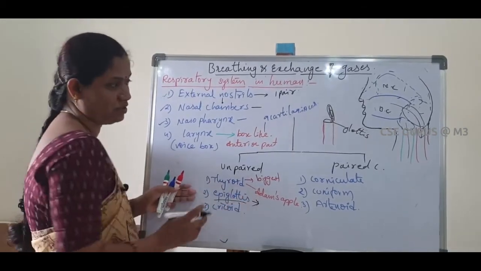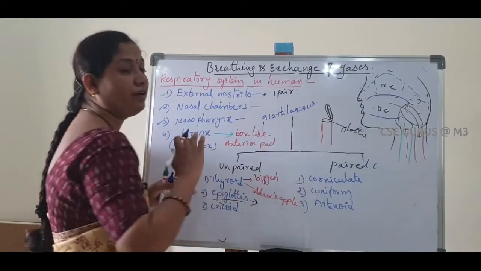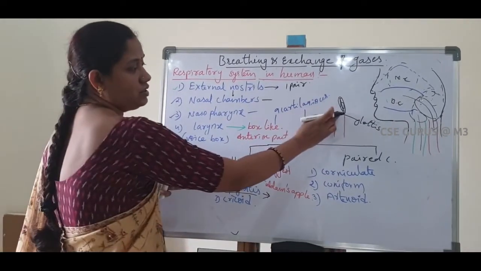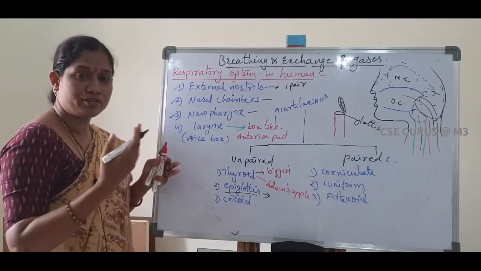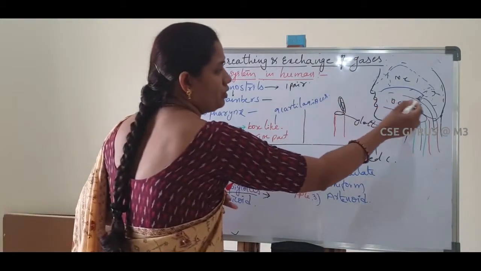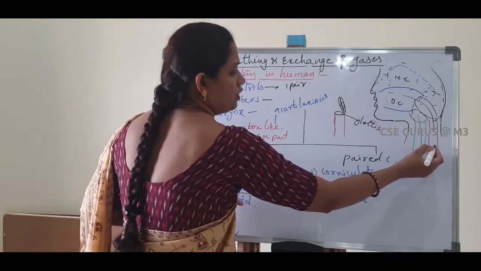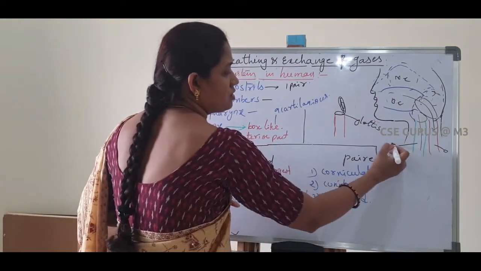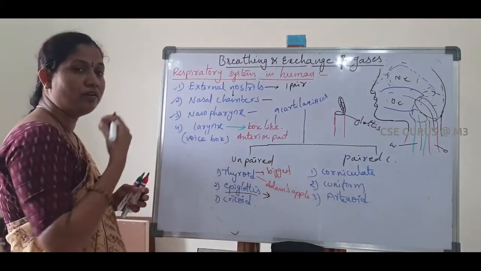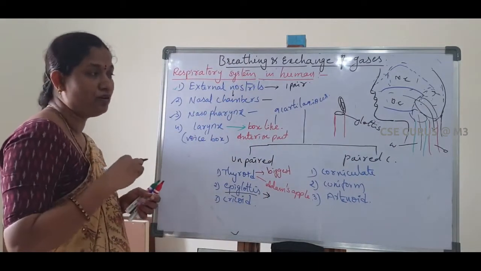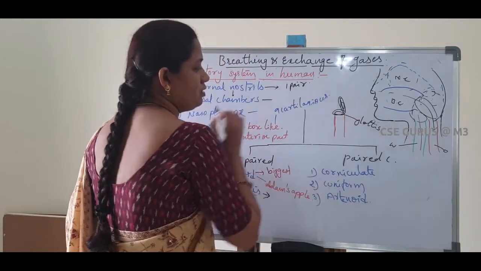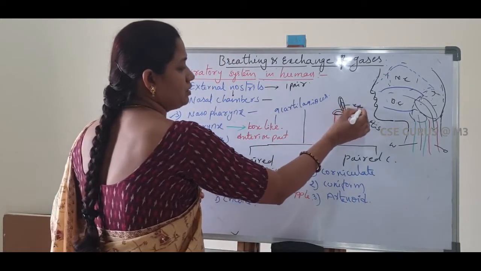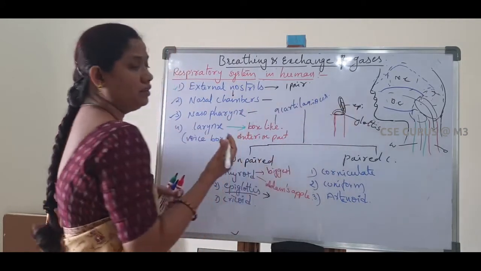Next, what is the function? It controls the opening and closing of the glottis. During the swallowing process, what will happen? This is the esophagus and this is the windpipe. When we are swallowing food, the epiglottis closes the glottis.